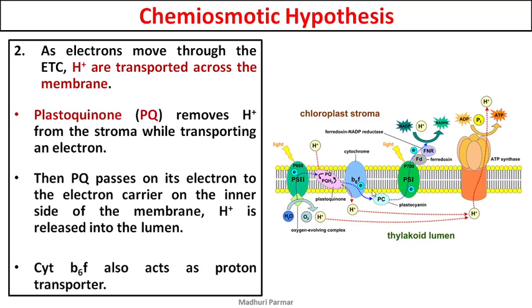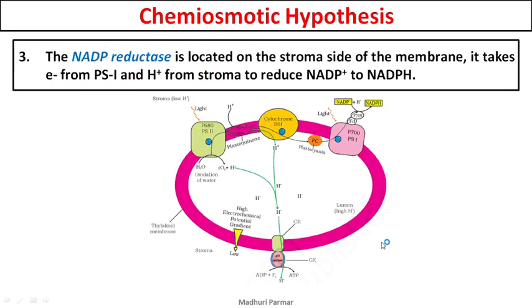Also, the cytochrome B6F has been shown to transfer some amount of protons. It also transfers some amounts of proton towards the thylakoid lumen. Fine. And finally, the NADP reductase, the final enzyme of non-cyclic photophosphorylation, is located towards the stroma.